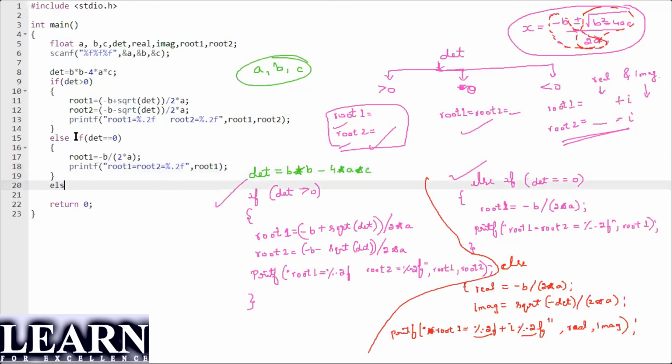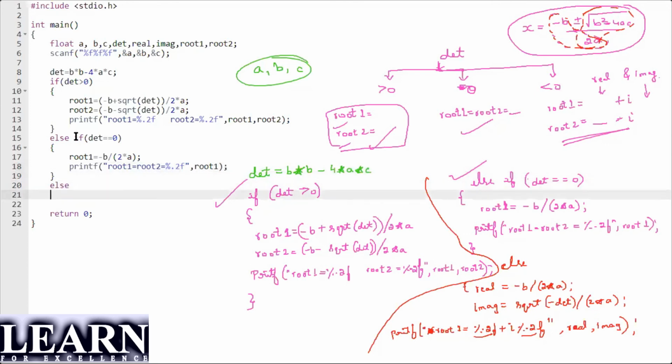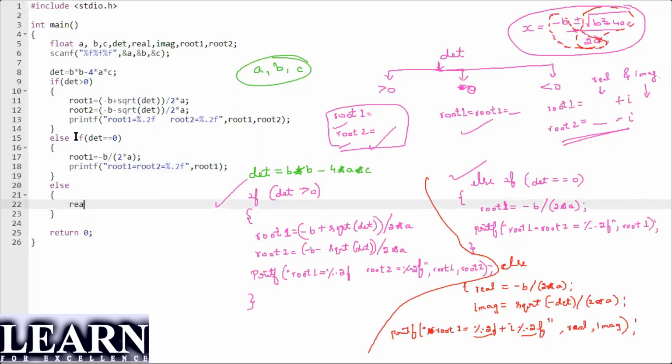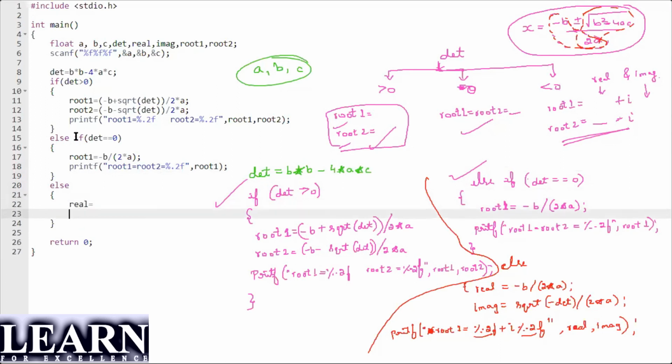At last, we have else, when determinant is less than 0. When determinant is less than 0, I need to take out two values, real and imaginary. Real is the first part, that is minus b divided by 2 into a.